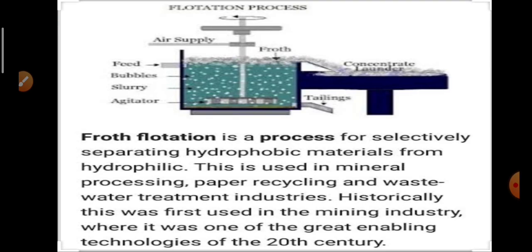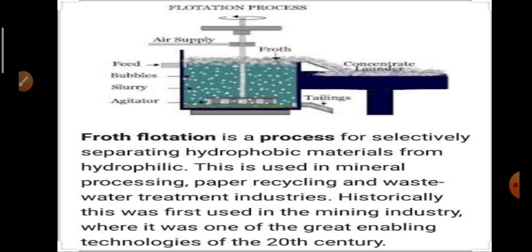The next method of separation is the froth flotation method. This is a process for selectively separating the hydrophobic materials, meaning the materials which have a tendency not to dissolve in or mix with or be wetted by water, from the hydrophilic materials, meaning the materials which have a tendency to mix with water.